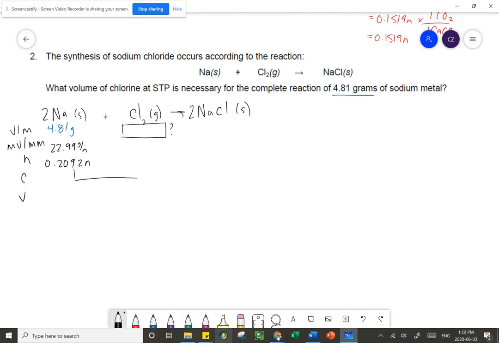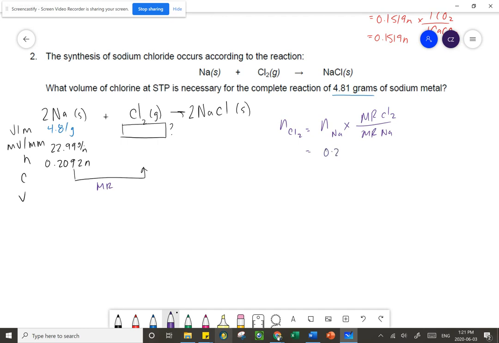Okay, so to get from here to here, we need to use our mole ratios. So we're going to say our moles of chlorine. I'll do this in a different color so you see where that number is coming from. Our moles of chlorine is going to equal our moles of sodium times our mole ratio of chlorine over mole ratio of sodium.